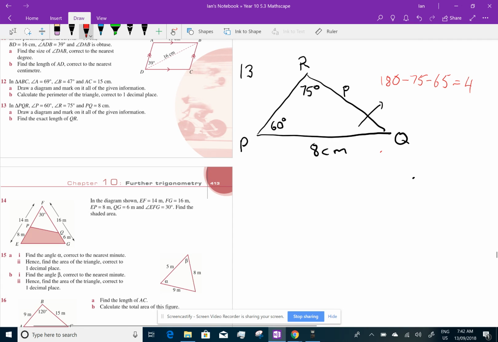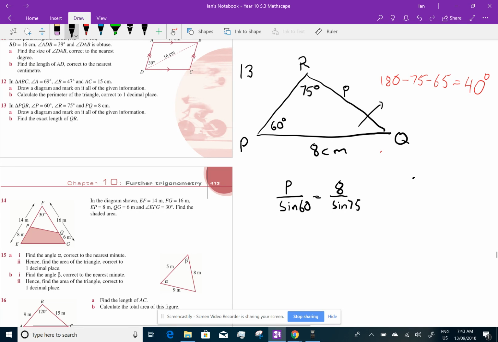So I've got 40. Yeah, I still don't know. Well, let's see how this works out. So, p on sine 60 equals 8 on sine 75.